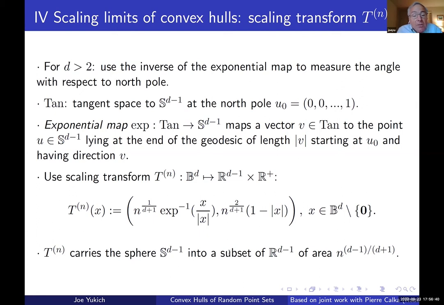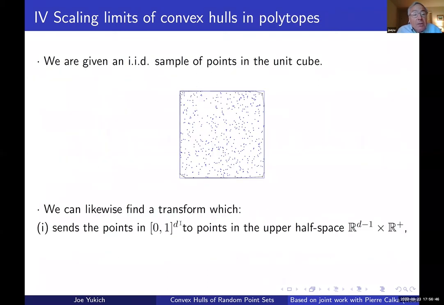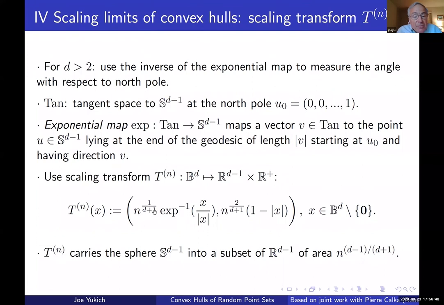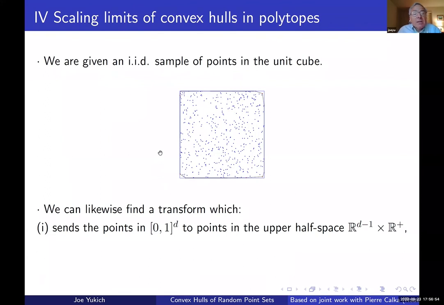Okay, so this transform does the job for the unit ball. If we started, for example, with an IID sample of points in the unit cube, one can ask, is there a transform that maps these points into a well-behaved set that's more amenable to analysis?